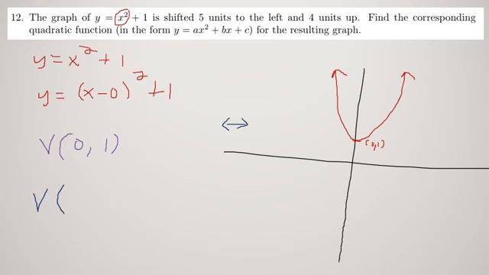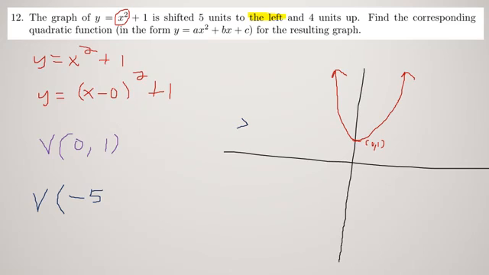Sa kaliwa. If you move to the left, maging negative yan. So, from 0, vertex na 0, magiging ano? Negative 5, right? Negative 5. Kasi, nag-move ka ng 5 units to the left.